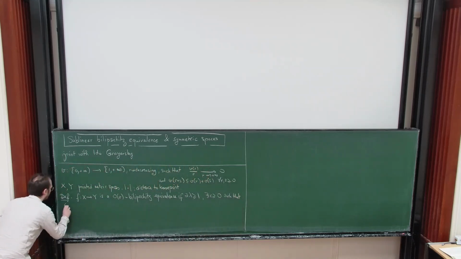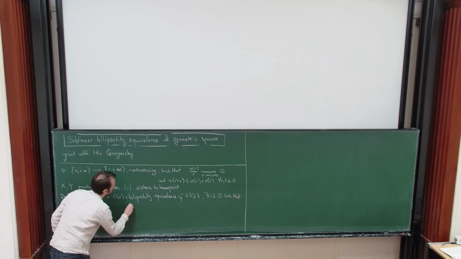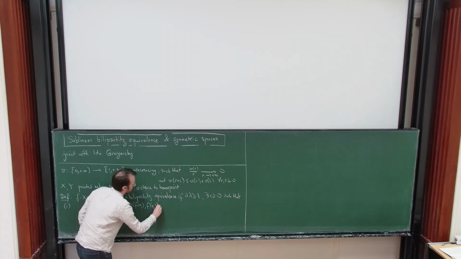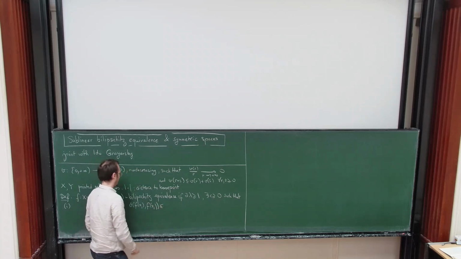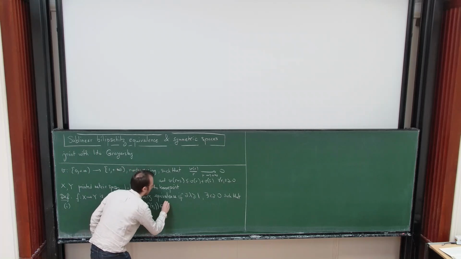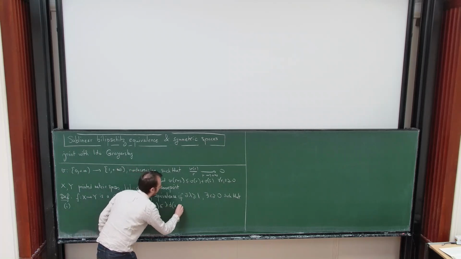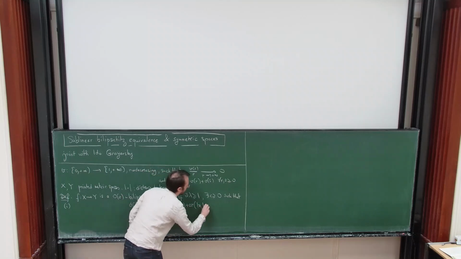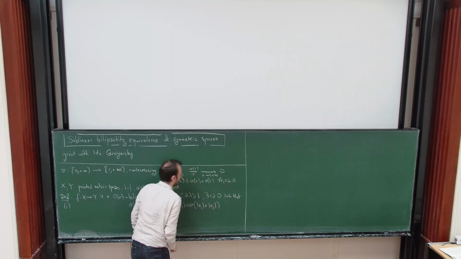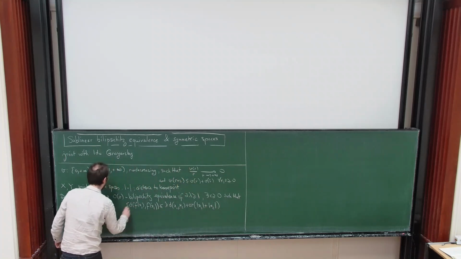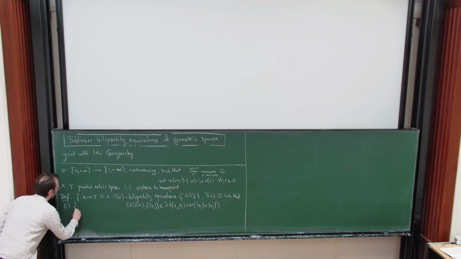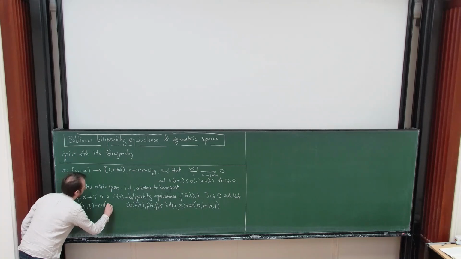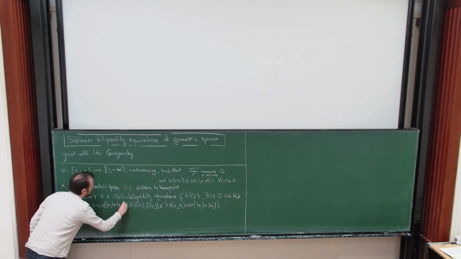The first one is that the distance between f of x1 and f of x2 should be controlled in both directions. There is an upper control by lambda times the distance between x1 and x2 plus c V of x1 plus x2 on the one hand, and on the other hand I want it also to be larger than 1 over lambda d of x1, x2 minus c V of x1 plus x2.